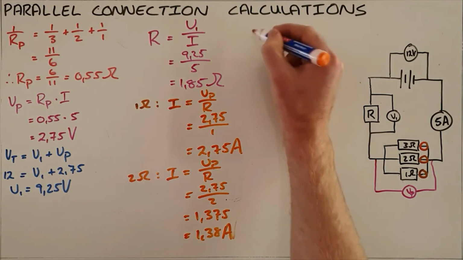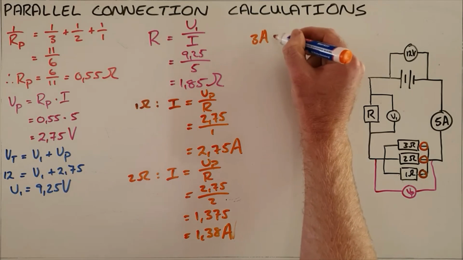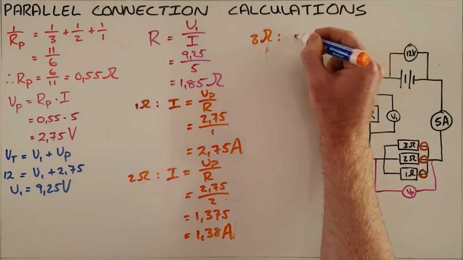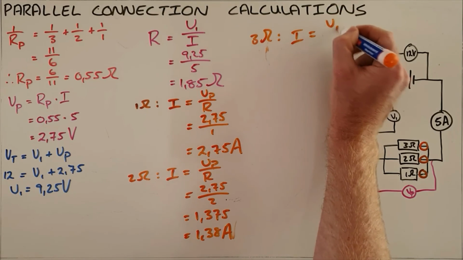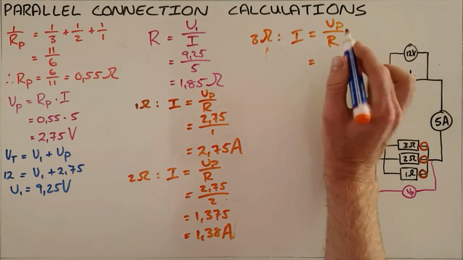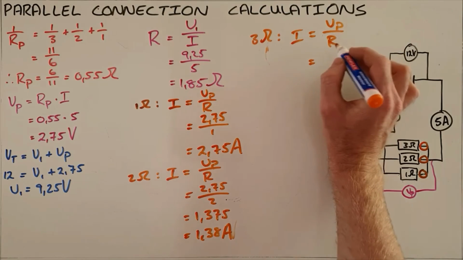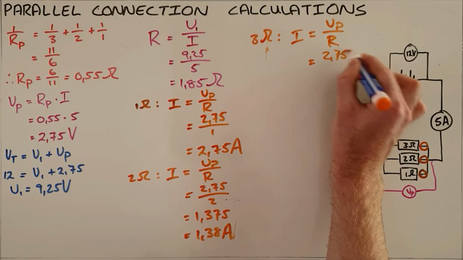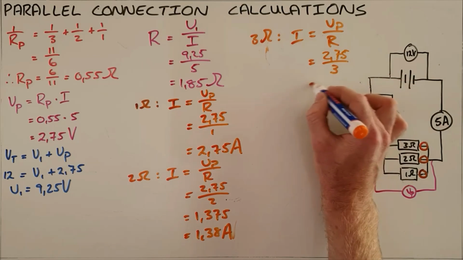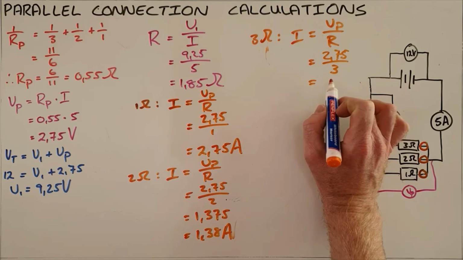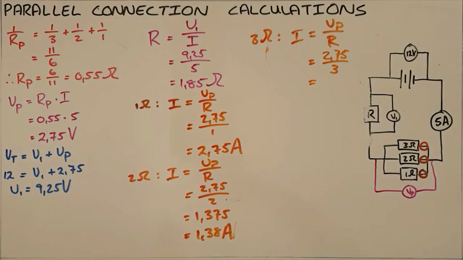And then finally we can calculate the current through the 3 ohm resistor, and same calculation, current is equal to the parallel voltage, which we know remains constant, divided by that resistance. Again, parallel voltage 2.75, resistance now 3, meaning that the current passing through that resistor is then 0.92 amps.